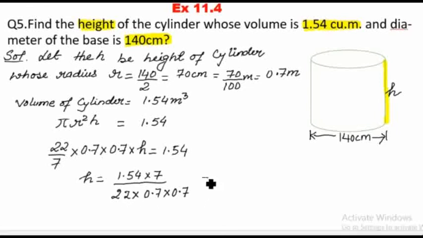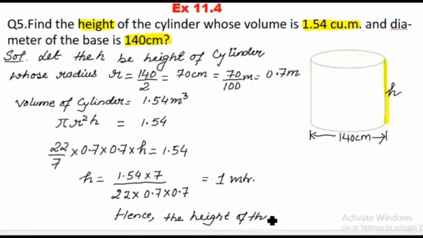When we cancel this, we get 1 meter. So hence the height of the cylinder is 1 meter.